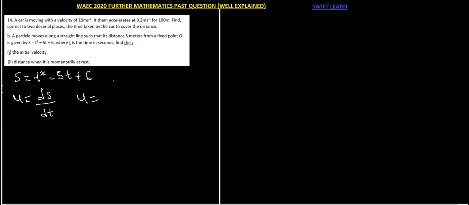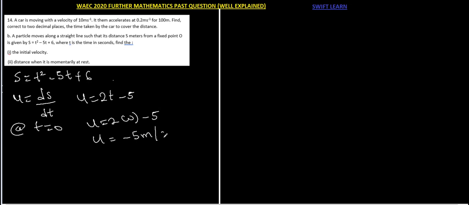So if I differentiate this, the differential of t squared is 2t, and the differential of minus 5t is minus 5. So at t equals 0, u will be 2 times 0 minus 5. So the initial velocity u is minus 5 meters per second.